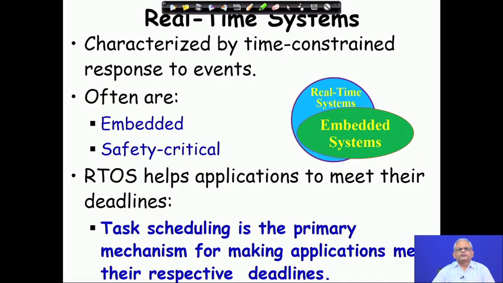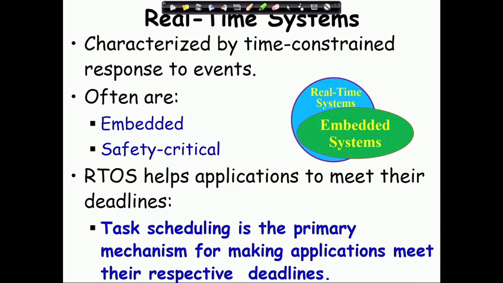But then the question is how does a real time operating system help the tasks to meet their deadline? The answer is that the real time operating systems have a task scheduler, and it is the task scheduler which is the primary mechanism used by the real time operating systems to meet the application deadlines.